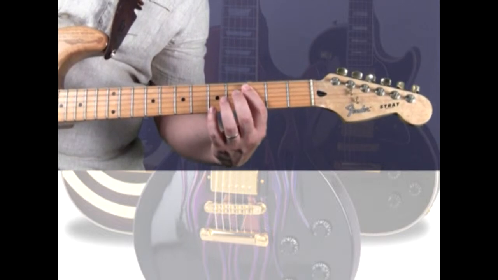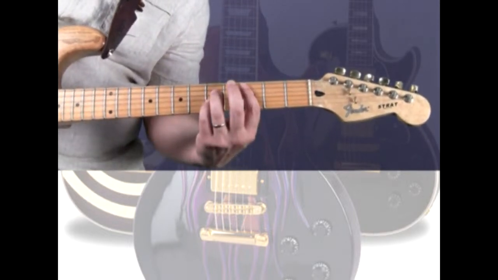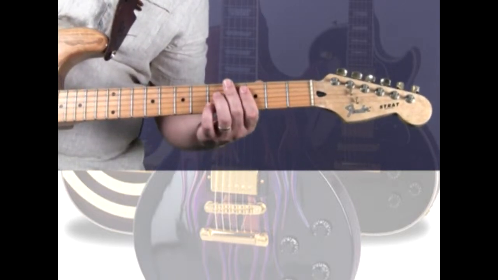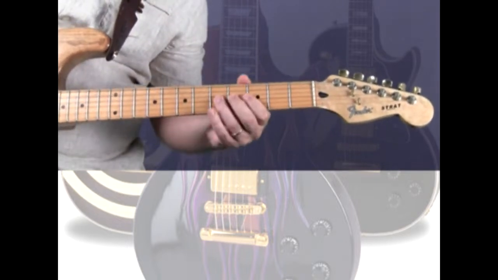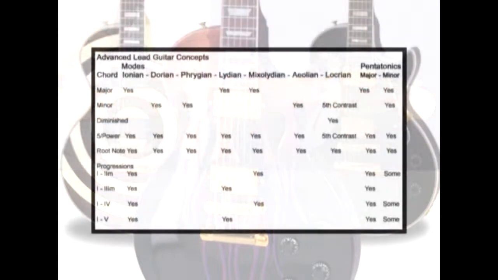You could sneak in the major pentatonic. And for a rock or bluesy tone, you could use the minor pentatonic. But everything else has a tendency or the possibility to clash.